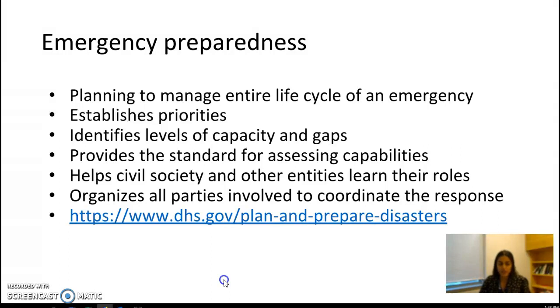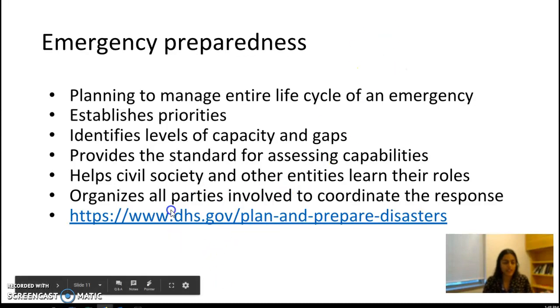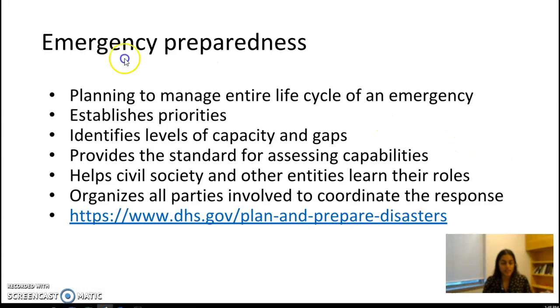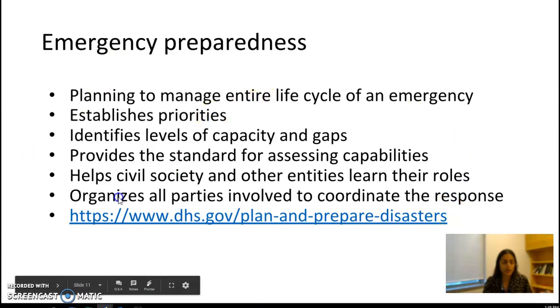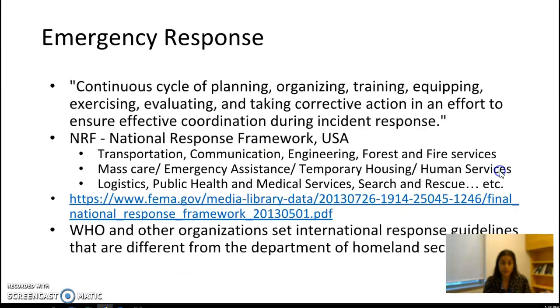And so preparedness is knowing what these groups can do and who's out there and what they plan to do and how to coordinate everything. So DHS has more on Homeland Security about this. And I guess the main goal of preparedness is to organize all the parties involved to coordinate the response.